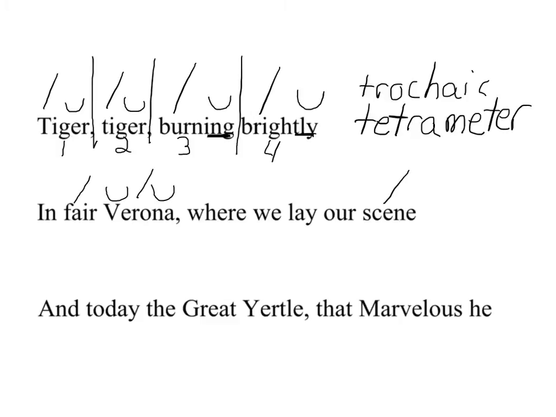Now at this point you should be able to see the rest of the rhythm. We lay our scene. Good. Now we want to splice this and count how many we have. You can splice in the middle of a word, as we do in Verona.